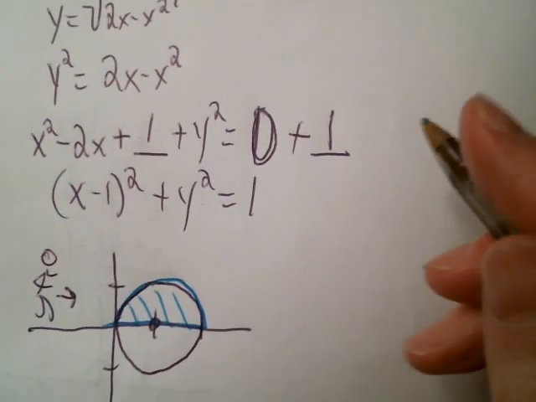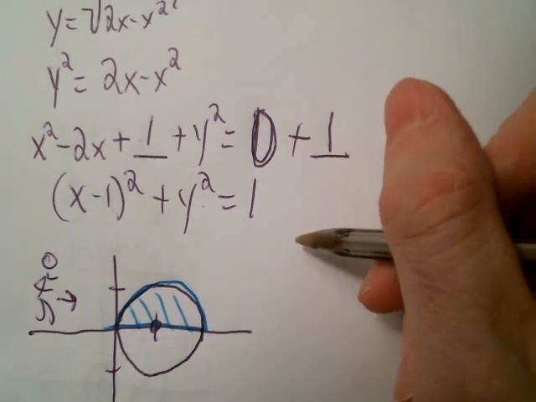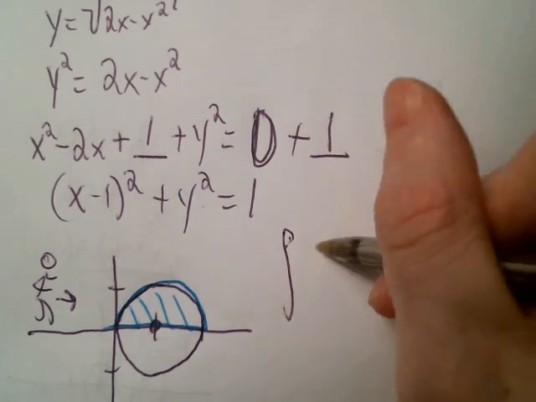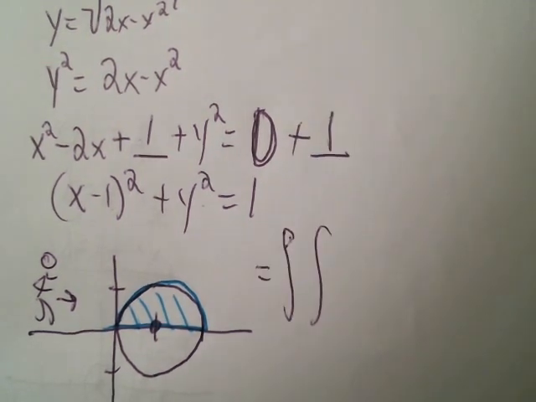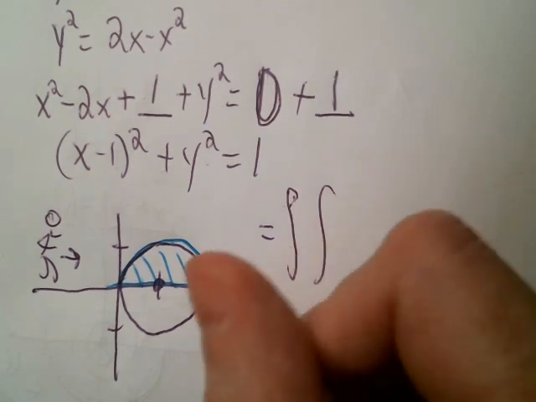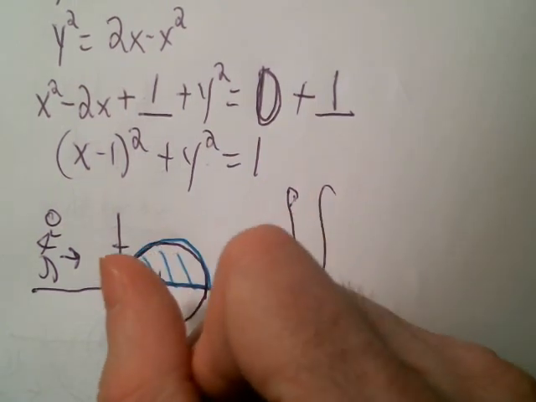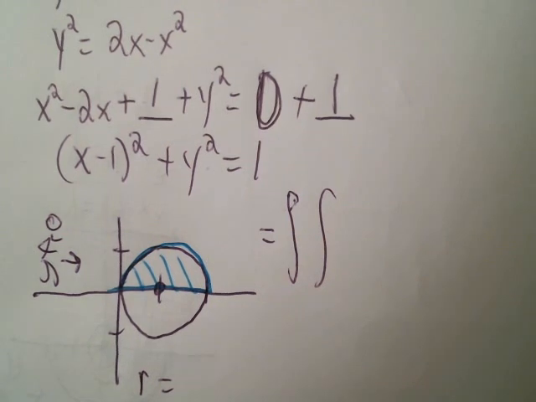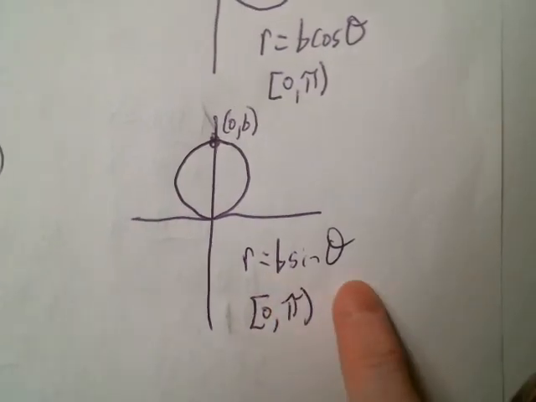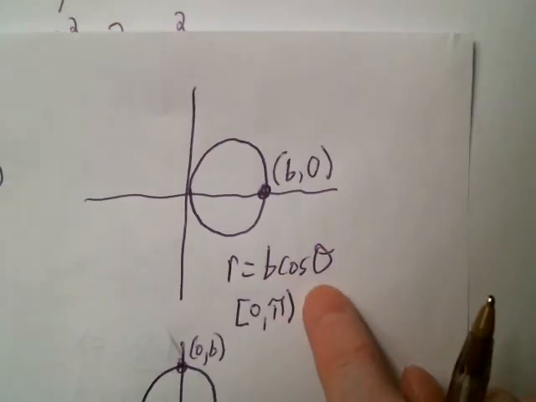So what is the trick for this one? I'm going into a polar integral. The trick is really figuring out what the formula is. This is one of the standard ones I mentioned earlier. So I know it's r equals b sine theta, or whoops, r equals b cosine theta.